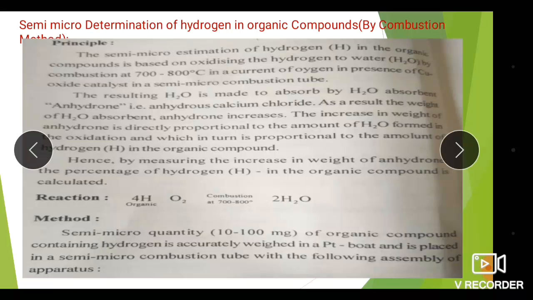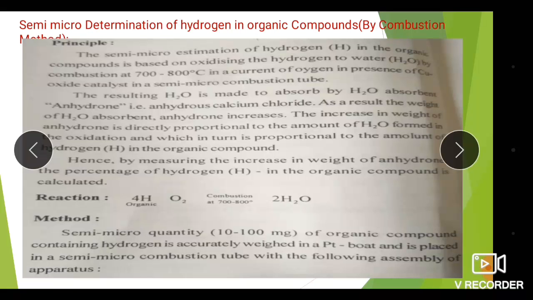The semi-micro estimation of hydrogen in organic compounds is based on oxidizing the hydrogen to water, that is H2O, by means of combustion at 700 to 800 degrees Celsius in a current of oxygen in the presence of copper oxide catalyst in the semi-micro combustion tube, similar to that of carbon.